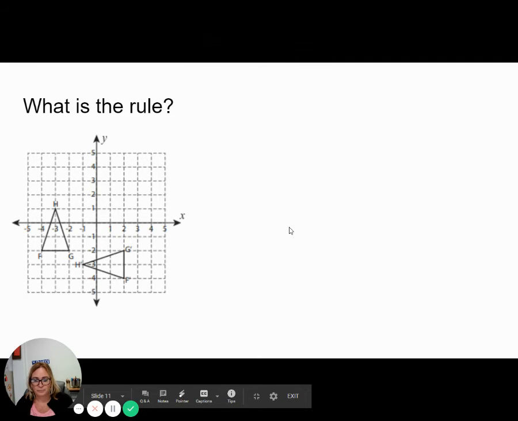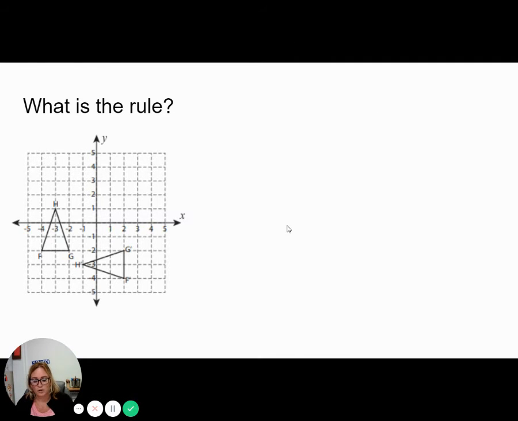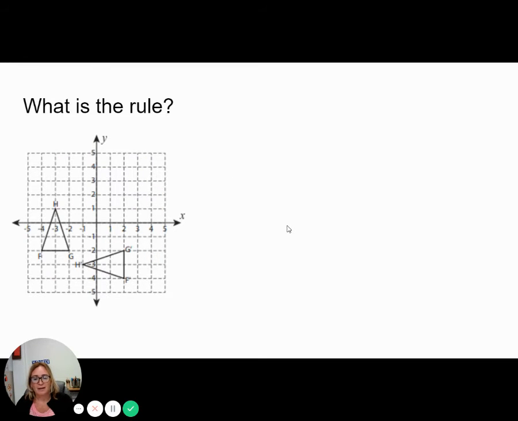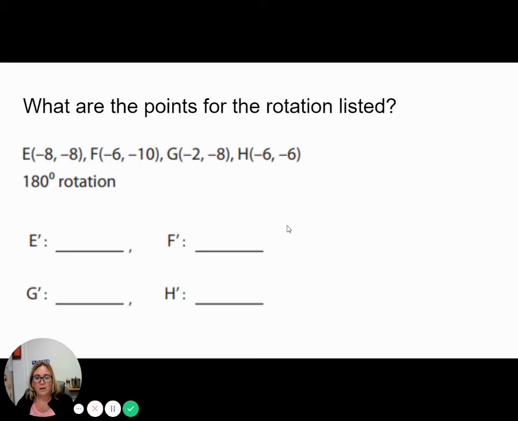That's how we identify the rule. We started by identifying the rotation. Now we have identified the rule, and now we're going to actually use the rule to be able to find points. In order to do that, we are going to figure out what rule we're going to use.